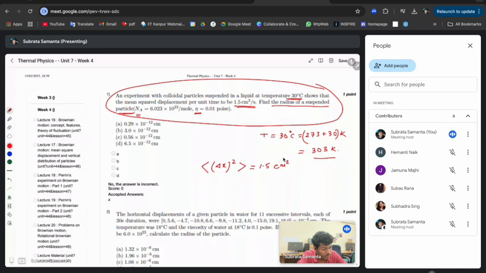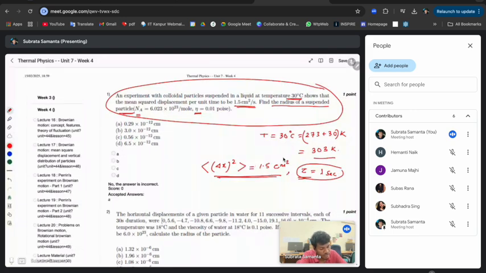Let's say the time tau is 1 second. If tau is 1 second, then delta x square is 1.5 centimeter square.